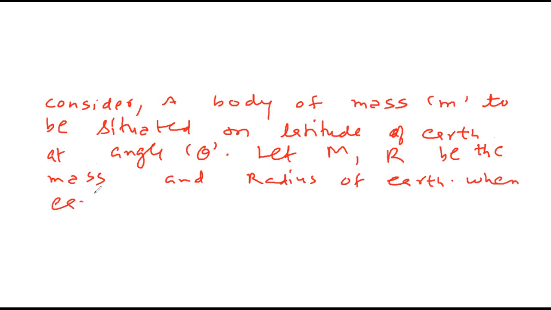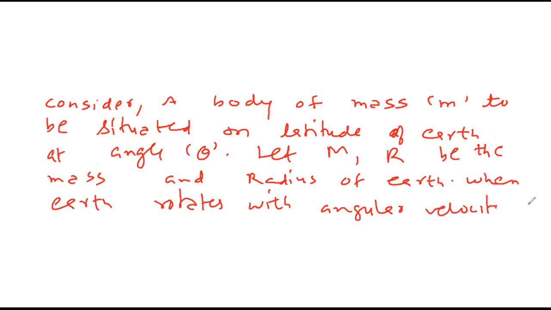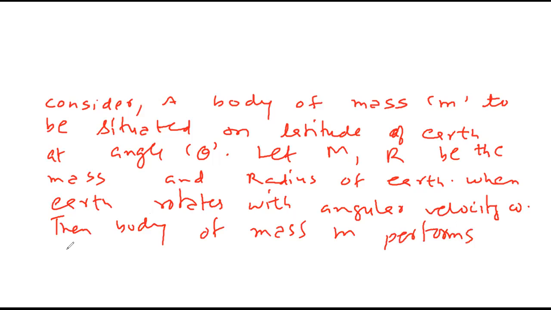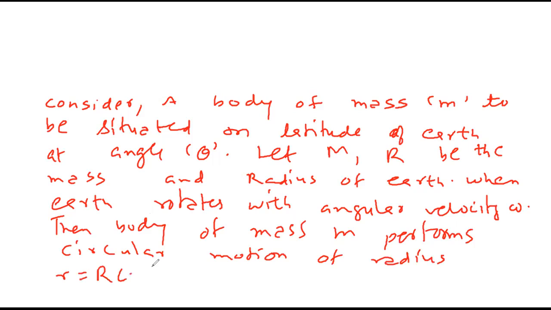When Earth rotates with angular velocity omega, then the body of mass m performs circular motion of radius small r equals capital R cos theta.